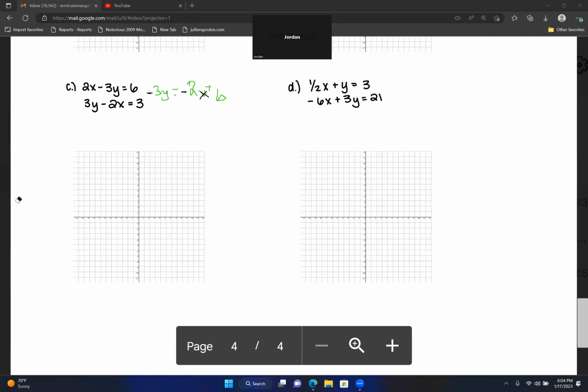All right, simplify this one more step. Divide both sides by negative 3.